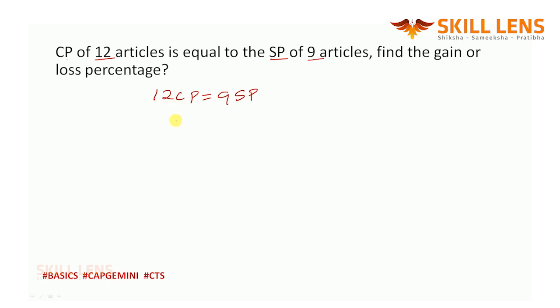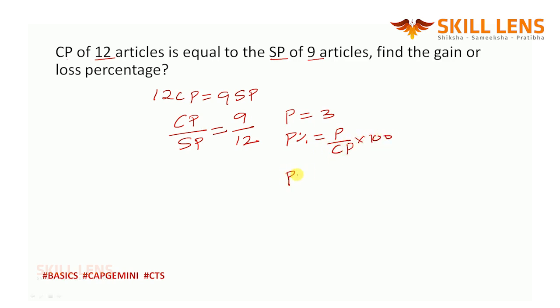Just solve this equation. Cost price by selling price is equal to 9 by 12. Your cost price is 9 rupees, your selling price is 12 rupees. So what is the profit here? 3 rupees, that is in amounts. What is the profit percentage? Profit by cost price into 100.